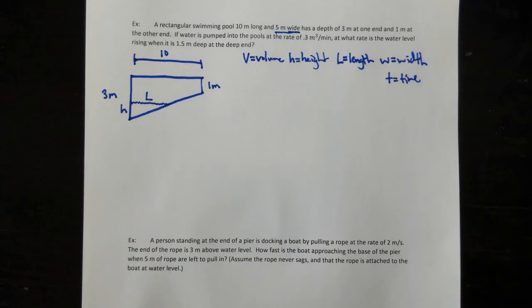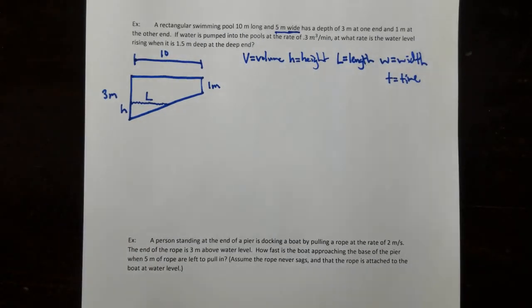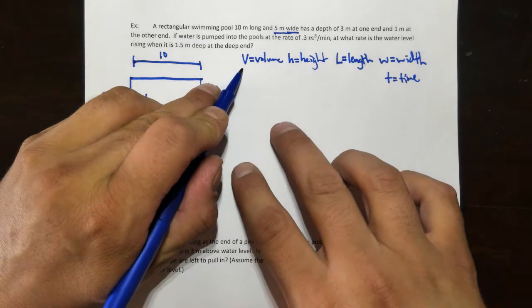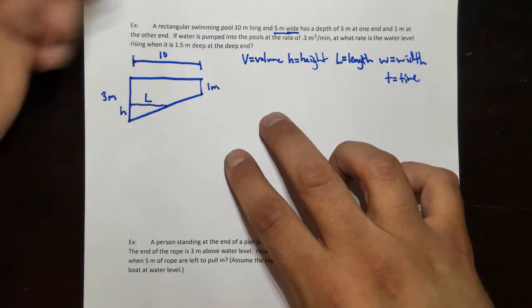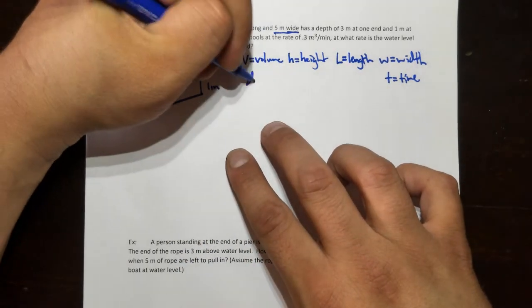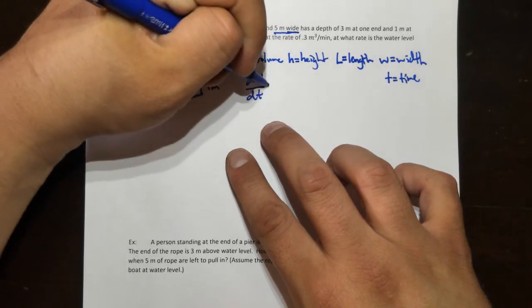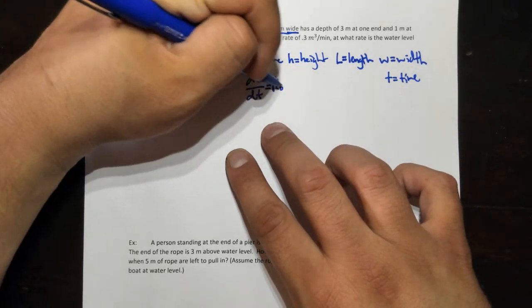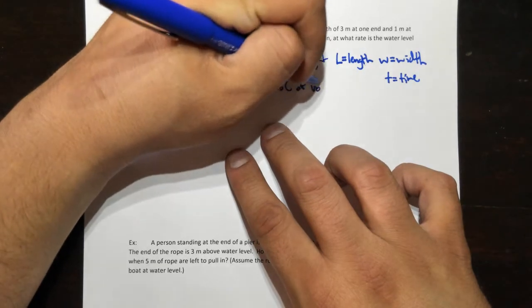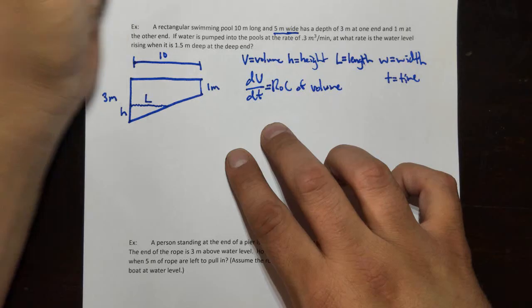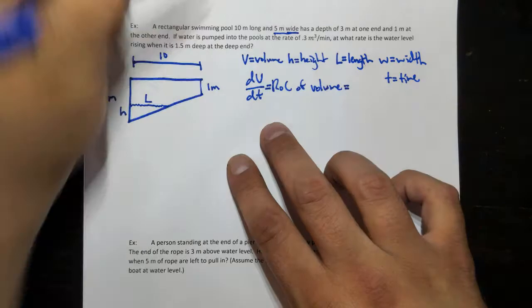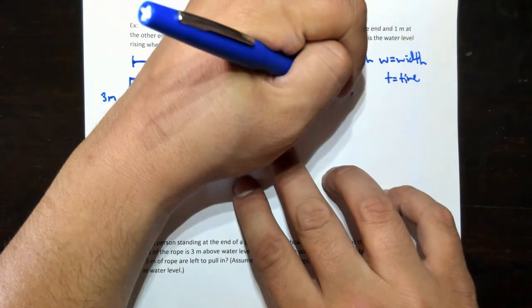Okay, so now let's define our rates of change. We're going to have dV, the volume is changing. That's the rate of change of volume, and that is given as 0.3 cubic meters per minute.